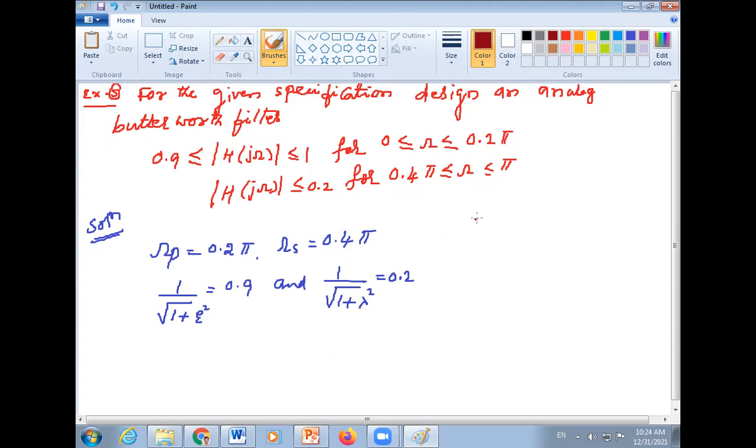So as per the diagram, we know these specifications, and we can write this structure like this.